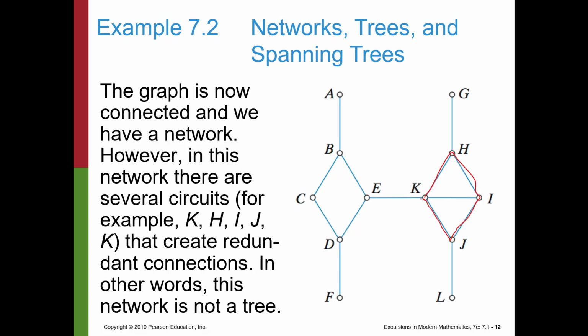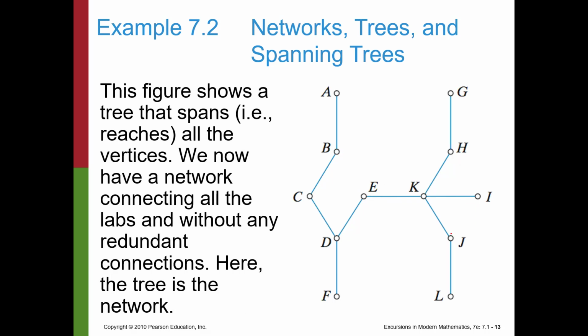So by coming over here and taking off this edge, and taking off this edge, and taking off this edge, now we have no circuits, and so then we do have a tree, and then we get this tree right here.